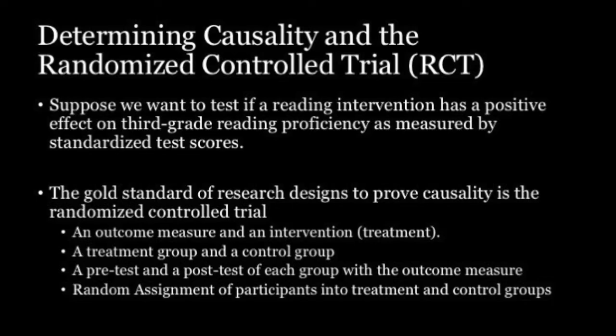That means we would test the reading proficiency before the intervention and the reading proficiency after the intervention on both groups. And here is the key. The fourth characteristic of a randomized controlled trial is random assignment of participants into treatment and control groups.